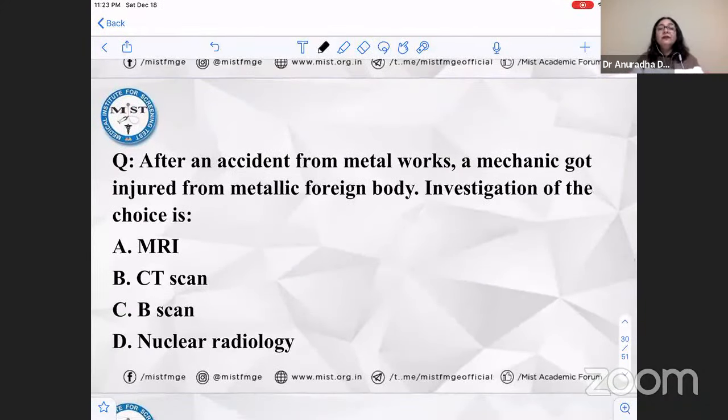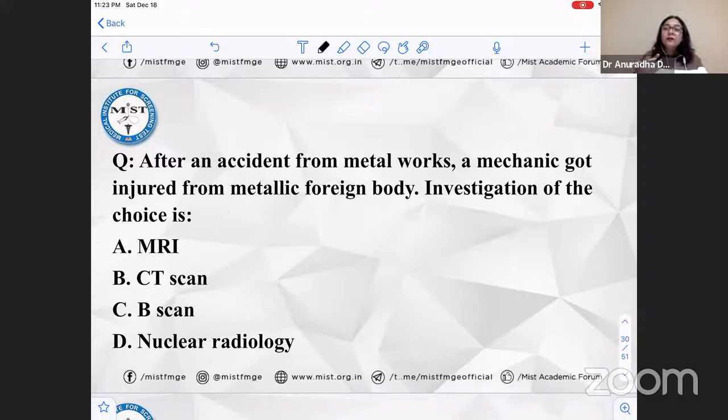The next question: after an accident from metal works, that is some metal factory, a mechanic got injured from a metallic foreign body. The choices given to us were MRI, CT scan, B scan, nuclear radiology. So what do we suspect here?